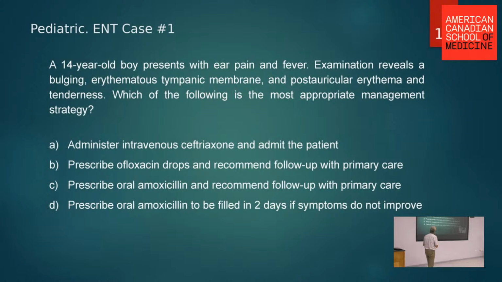That's for usually an otitis externa. Oral amoxicillin and recommend follow-up with primary care might be right if you just thought it was an otitis media, but that erythema and post-auricular pain and tenderness and swelling is more concerning for other conditions, possibly acute mastoiditis, which can be a big problem.